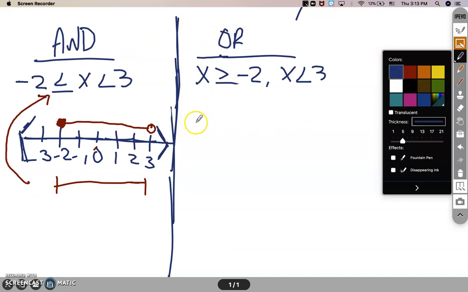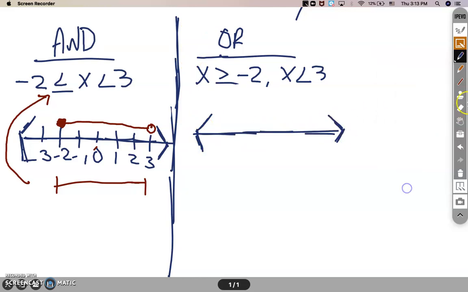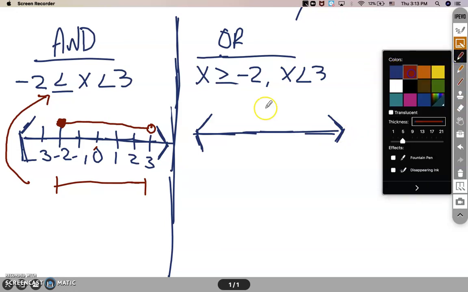What about the OR inequality? Let me draw this graph here. First let's do -2, -1, 0, 1, 2, 3, 4.